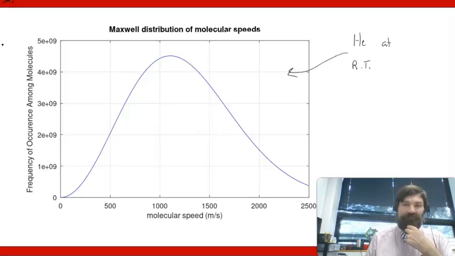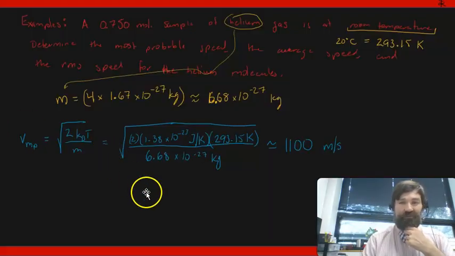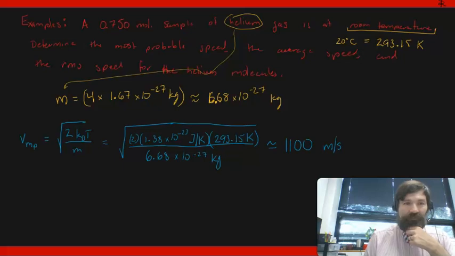So again, this is a much more reasonable value than it would have looked if you just looked at the original plot. All right, so now let's keep going. Let's calculate our other two speeds, our RMS speed and our average speed.